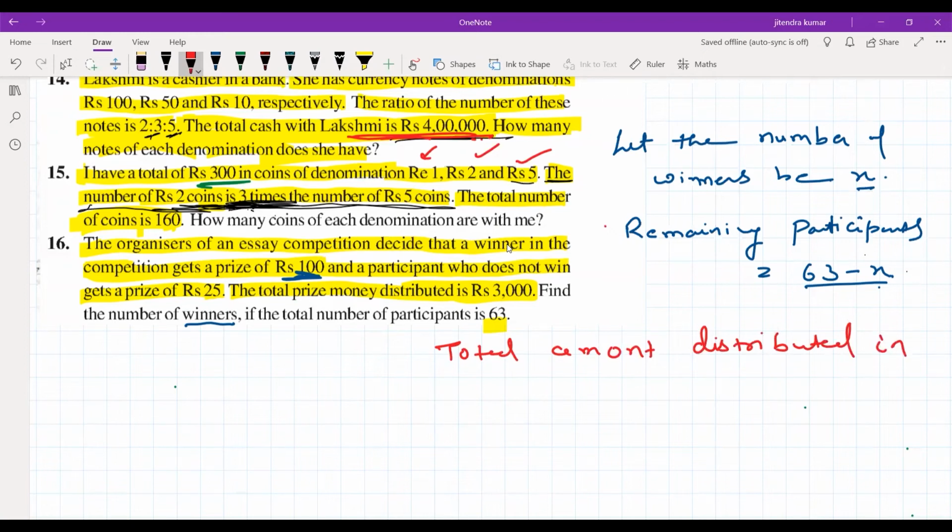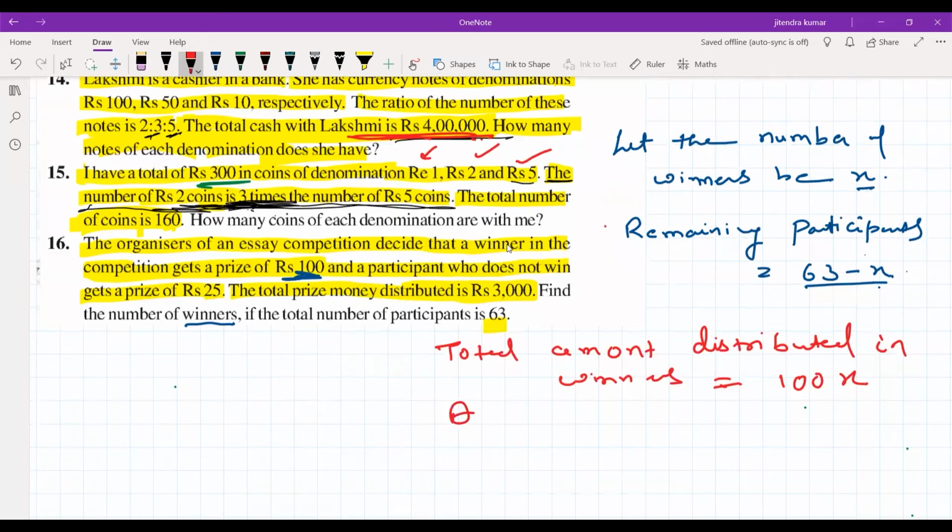The total amount distributed in winners will be equal to, so one winner is getting 100, so X winners will get 100 into X, 100X. Plus similarly, all the remaining participants are getting 25 each. Here there are 63 minus X remaining participants, so they are getting 25 each.